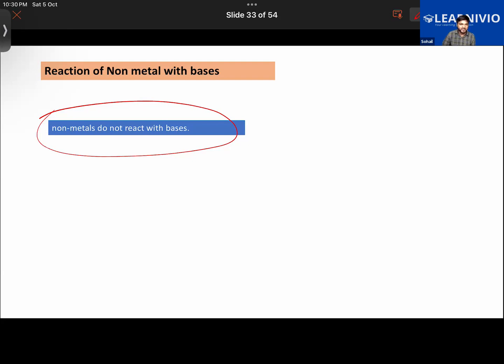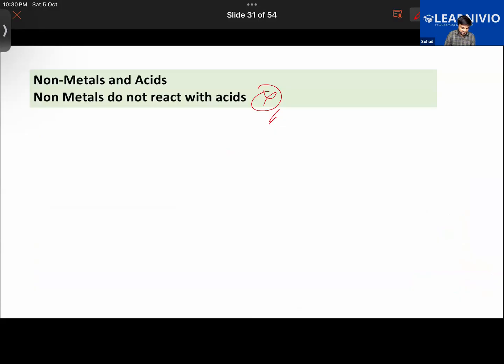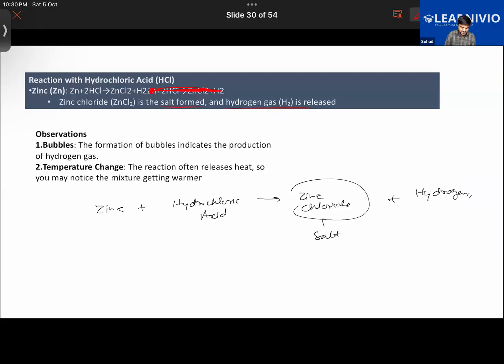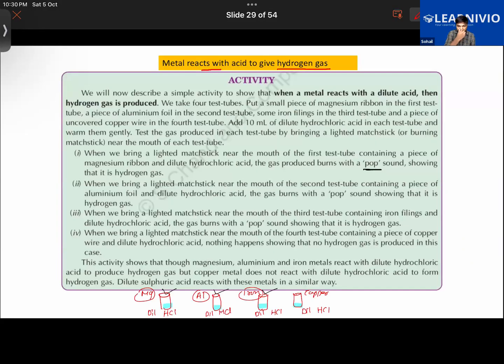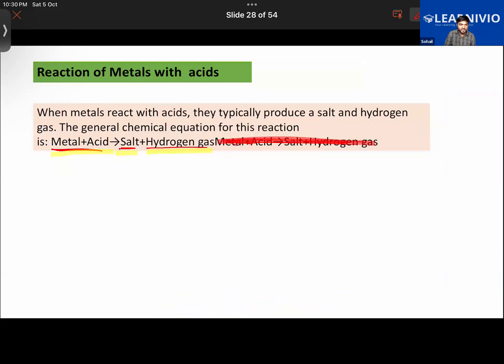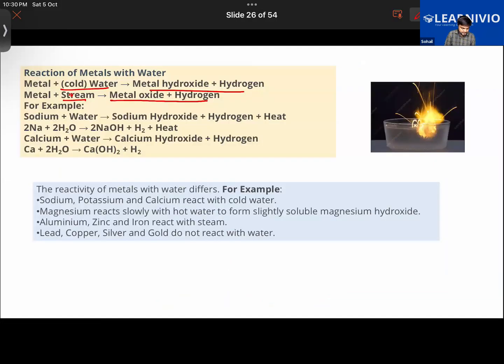How does the metal react with water? If it's cold water, then what is produced? Metal hydroxide, along with hydrogen gas. If it's hot water, then metal oxide, along with hydrogen gas. Okay.